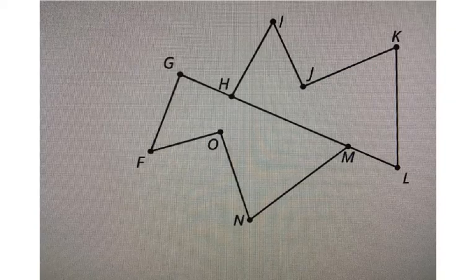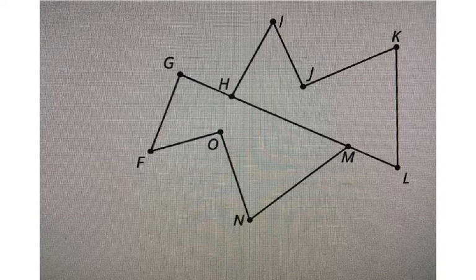Now the last one that we want to look at is this polygon shape right there, and this is related to slide number 11. Slide number 11 says polygon HIJKL is a reflection and a translation of polygon GFONM.